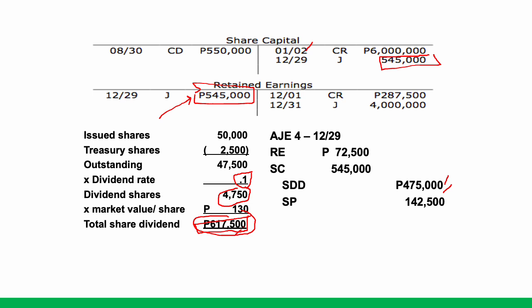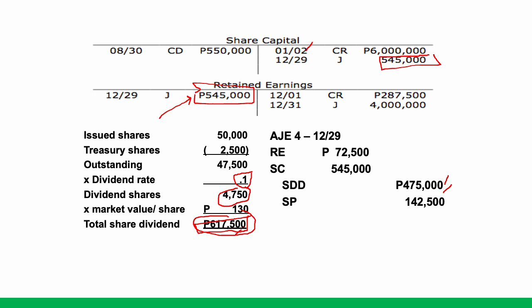But that would occur the following year pa, on January 2021. Okay? So, here on December 29, at the date of declaration, yung credit muna is share dividend distributable and the excess will be reported in share premium already. So, at the time of declaration. So, that's it for the last adjustment.